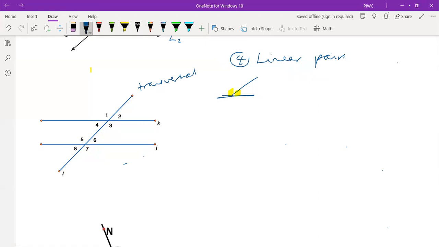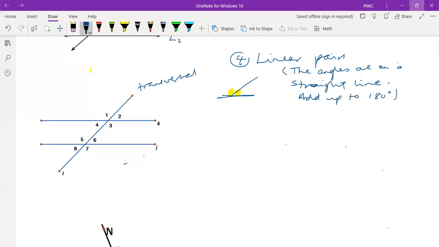So linear pairs always add up to 180. The angles are on a straight line, and they add up to 180 degrees. That's what makes a linear pair.